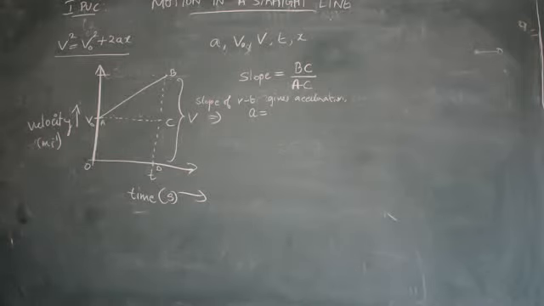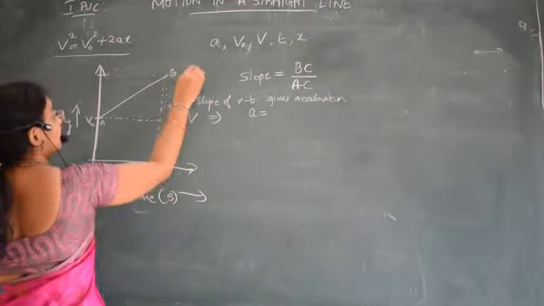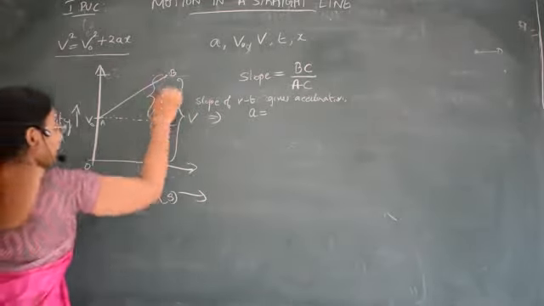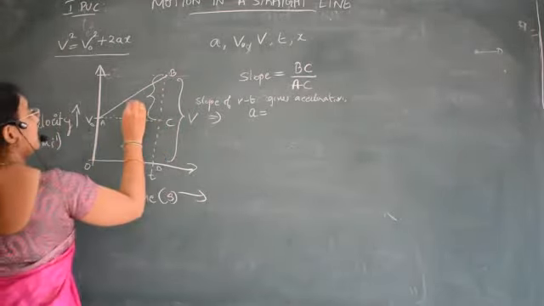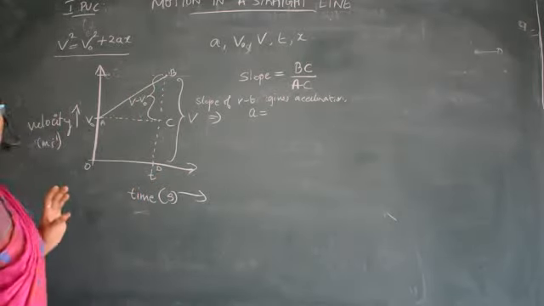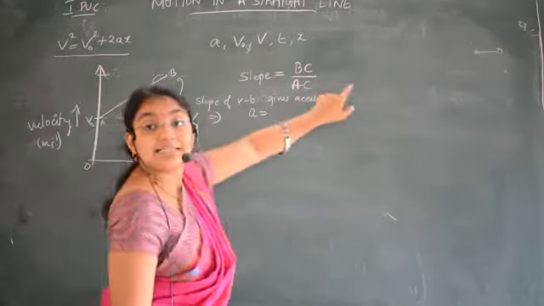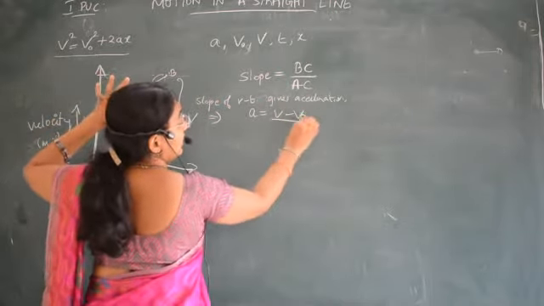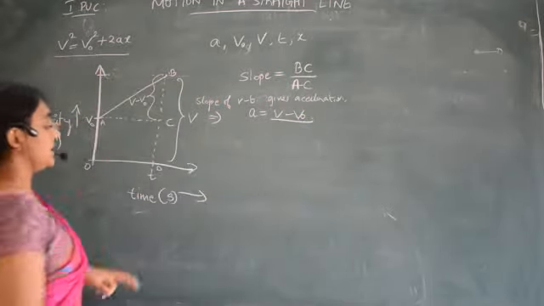I don't have any color chalk. Okay, I'll draw it like this itself. What is this distance? Full v minus v naught. So this distance is v minus v naught. So I'll write BC is equal to v minus v naught divided by AC, which is t.